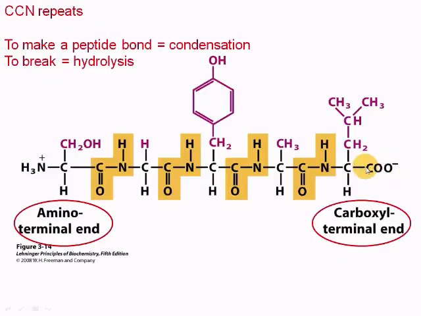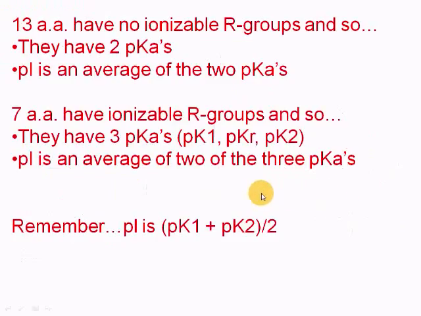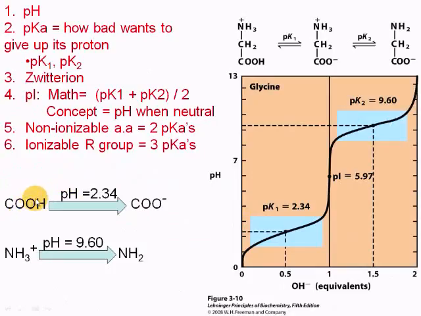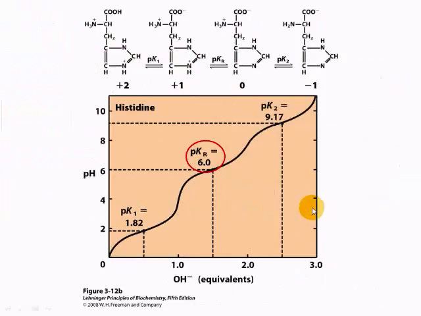And so if the carboxyl group has lost its proton, then we know the pH has to be at least above 2.3. So let's go back and just review that concept. And so remember, you just draw the COOH going to COO minus, and if the pH is above 2.35, then you have a negative charge.